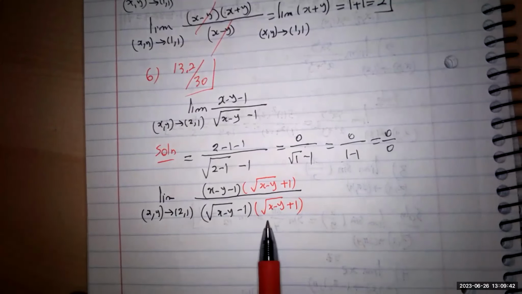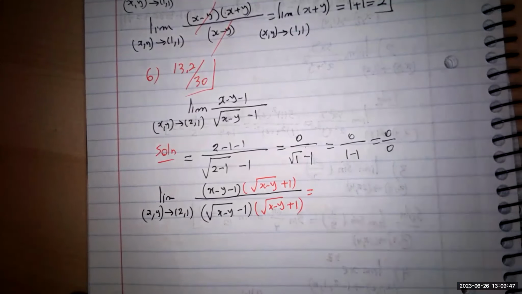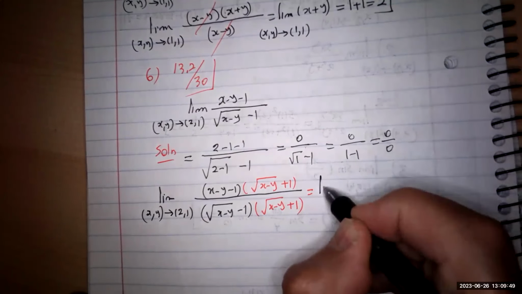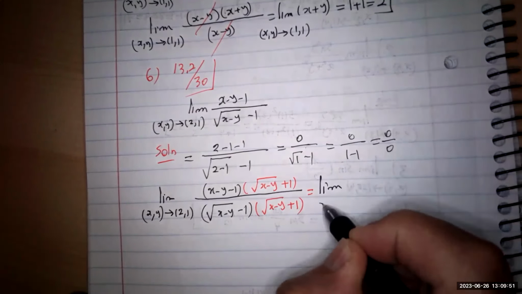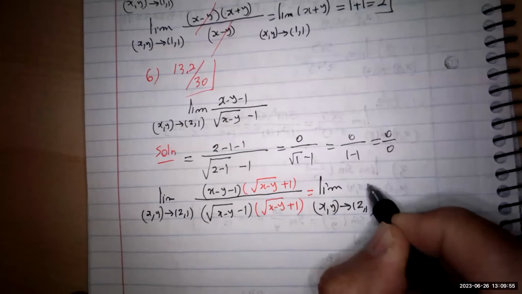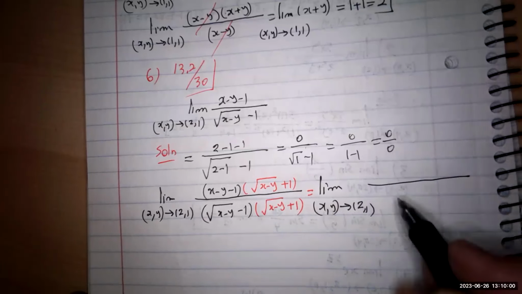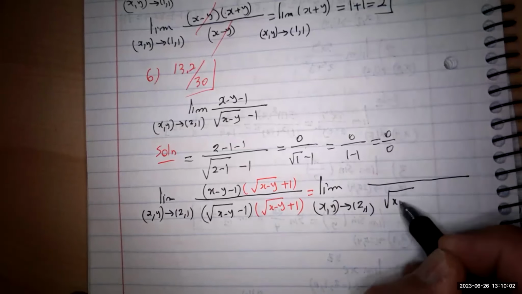So we focus on the bottom one because we want to get the common factor. It's going to be equal to the limit as (x, y) goes to (2, 1). In the denominator, there's going to be the square of the first minus the square of the second. I write it down, but you can do it right away.